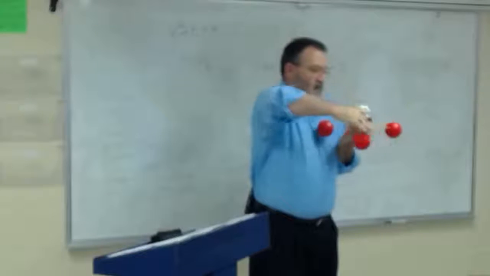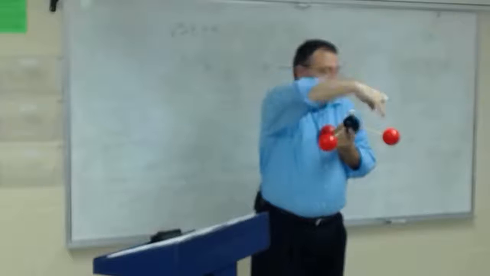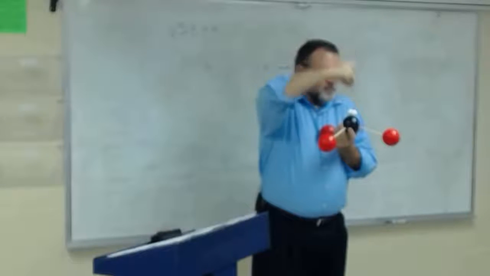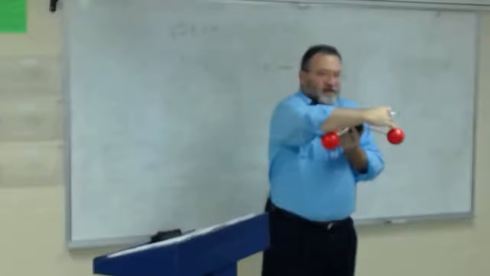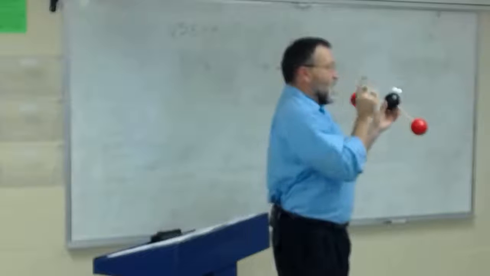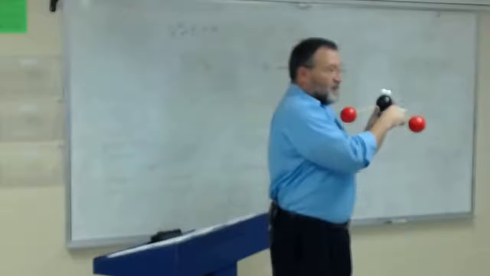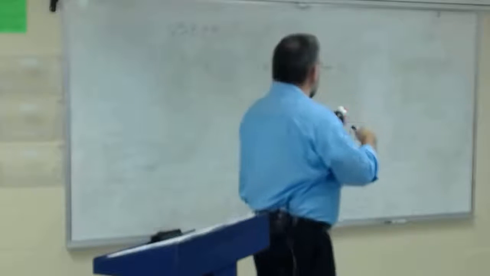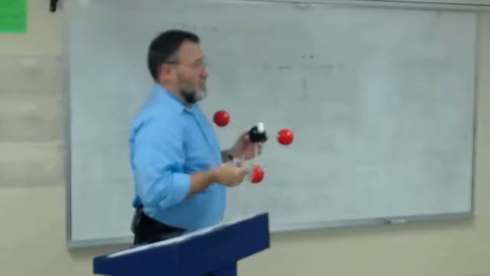Because this perfect angle here, if this had been another atom, this would be 109 degrees. But since I replaced it with an unbonded pair, it's going to push everything else away from it slightly stronger. And what ends up happening is that the angle between the bonds, not the angle between the unbonded pair and a bond, but the angle between all the bonds, now becomes 107 degrees. 107 degrees.